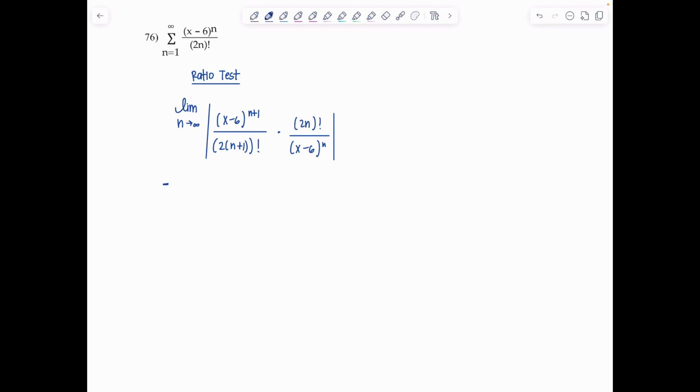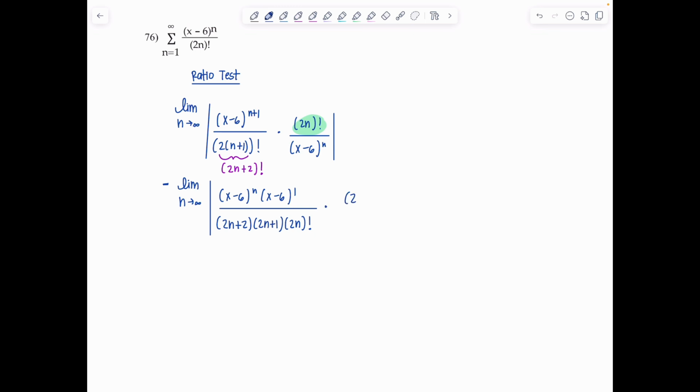Good. So then breaking everything down, the limit as n goes to infinity of the absolute value of (x minus 6) to the n times (x minus 6) to the first, and then this is (2n plus 2) factorial. Yes? So then if I break it down until it cancels with (2n) factorial, we're going to have (2n plus 2) times (2n plus 1) times (2n) factorial.